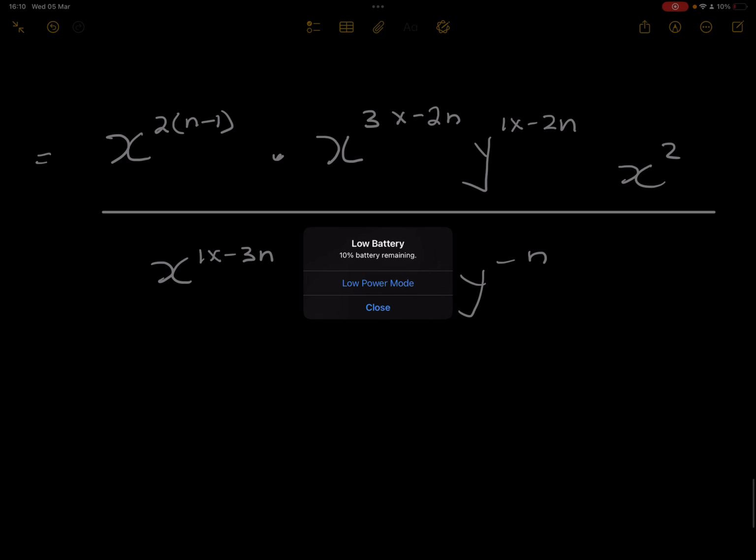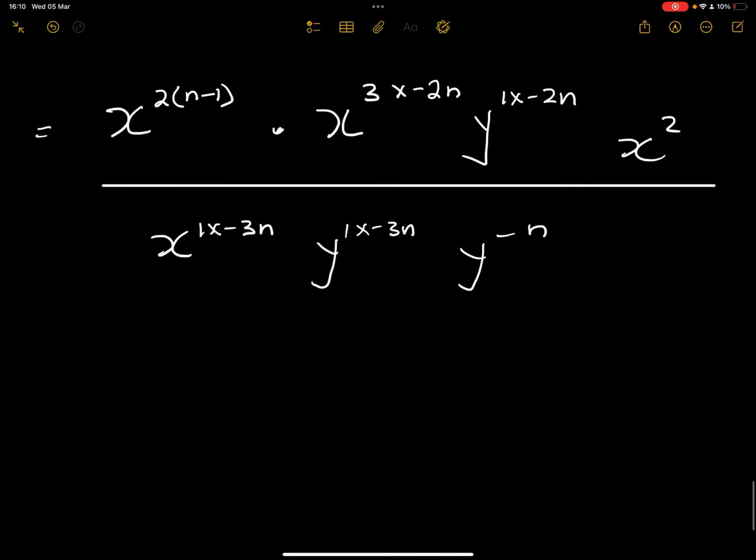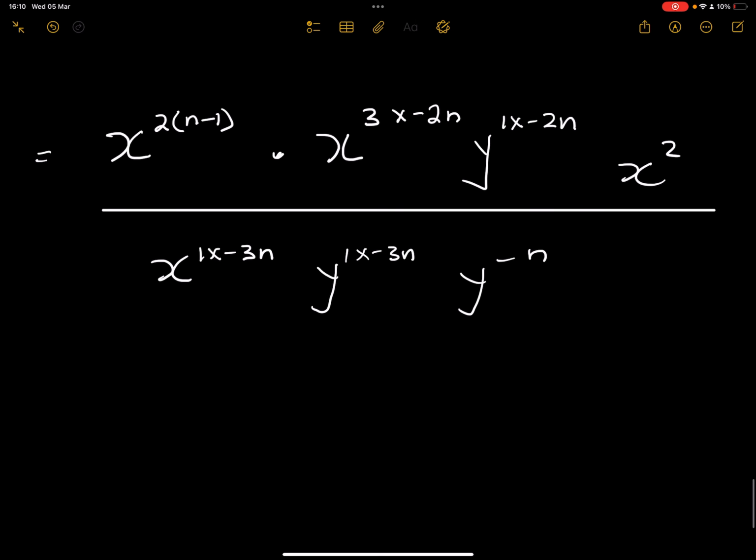Now let's quickly have a look at it, right? Oh, my battery is almost gone. So in this case, I've got x, right? Remember our distributive law, okay? That's 2 times n, that will be 2n. 2 times negative 1, that's going to be minus 2.